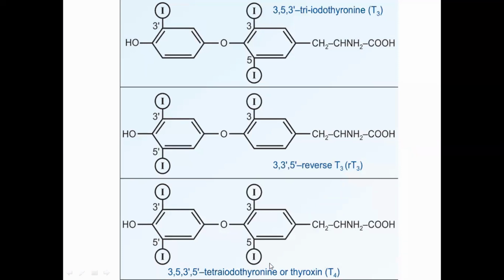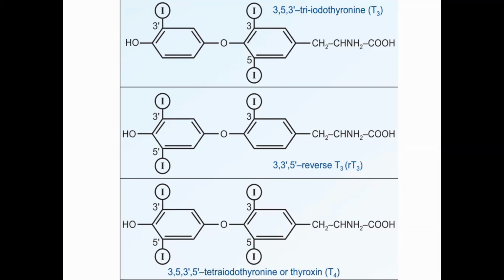So while we see the composition of T4 and T3 in the thyroid gland, it contains mostly thyroxine, that is tetraiodothyronine. So the ratio is 10:1. That means if the thyroid gland contains 10 molecules of thyroxine, then only 1 molecule of triiodothyronine is synthesized.